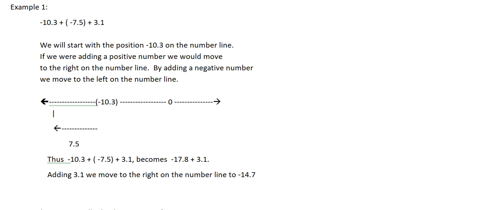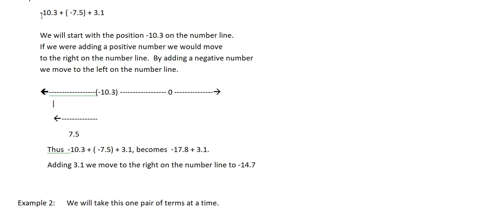So when you're adding two negative numbers, the result is going to be a number with a larger magnitude, but still negative. So minus 10.3 plus a negative 7.5 plus 3.1 becomes minus 17.8 plus 3.1.